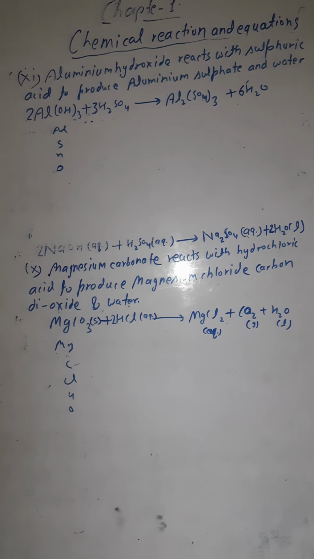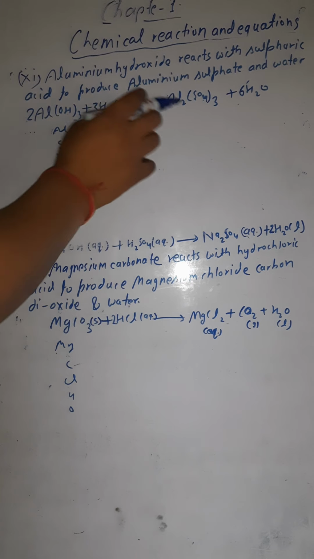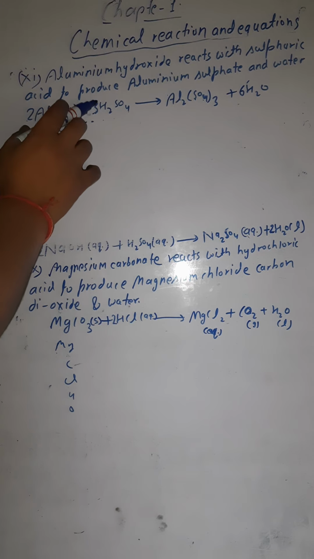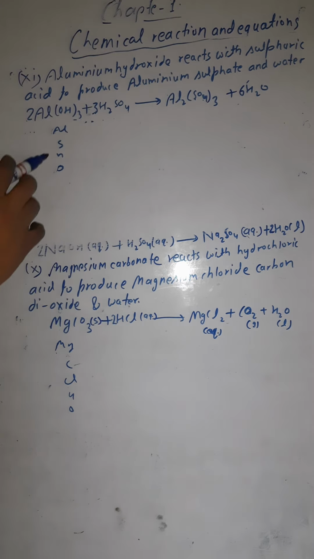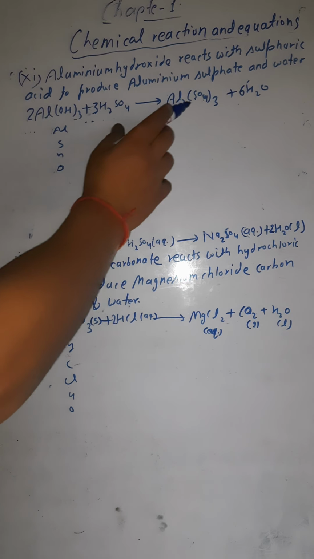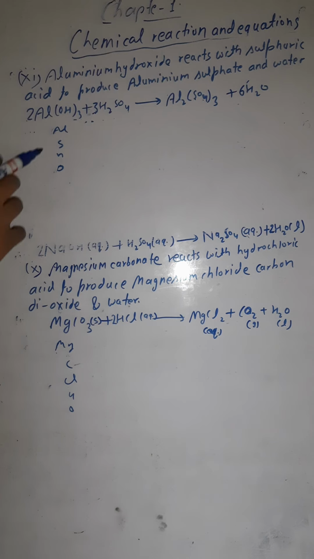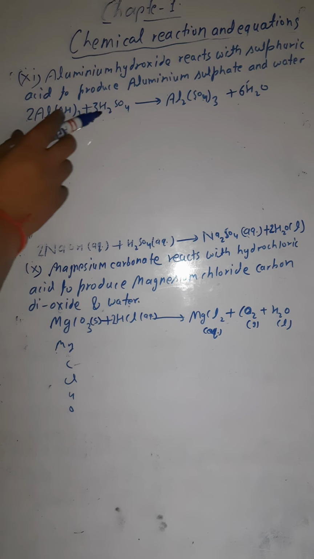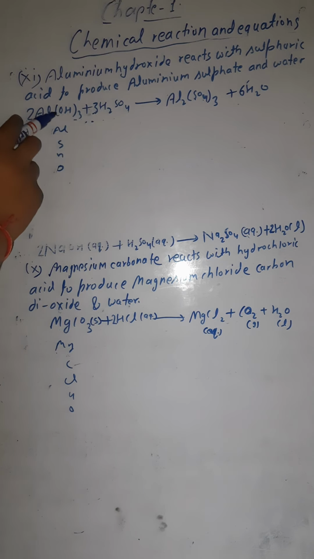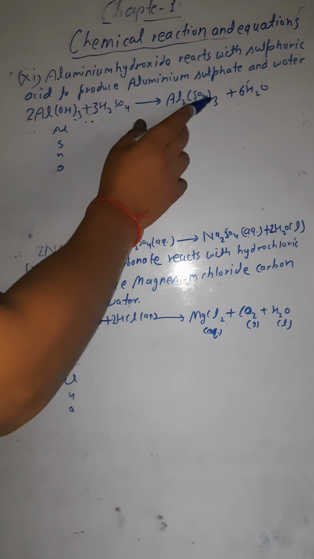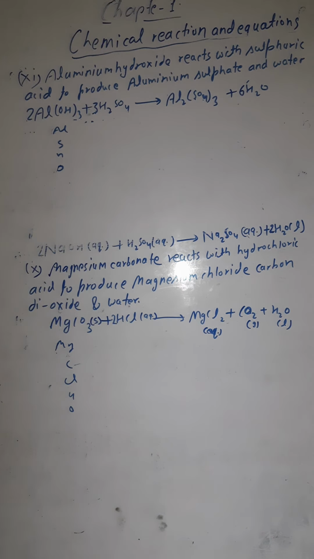Okay, now let's check again. Aluminium 2, sulfur 3 atoms of sulfur, hydrogen 3 times 2 is 6, 6 plus 6 is 12, and here 6 times 2 is 12. Oxygen 3 times 2 is 6, 4 times 3 is 12, 6 plus 12 is 18, here 4 times 3 is 12 plus 6, 18. All have been balanced.